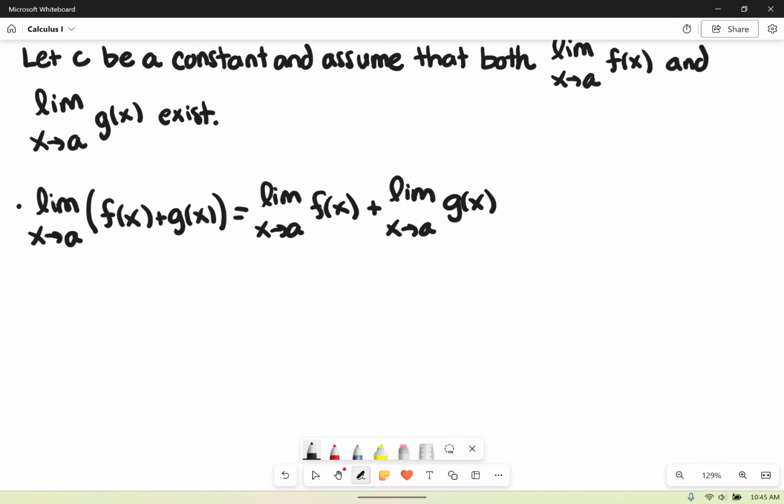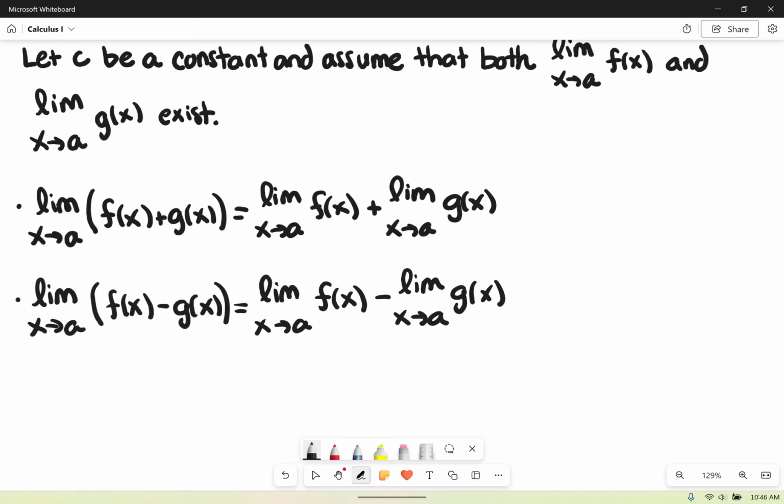The limit as x approaches a of f of x plus g of x is equal to the limit as x approaches a of f of x plus the limit as x approaches a of g of x. The limit of a sum is the sum of the limits.